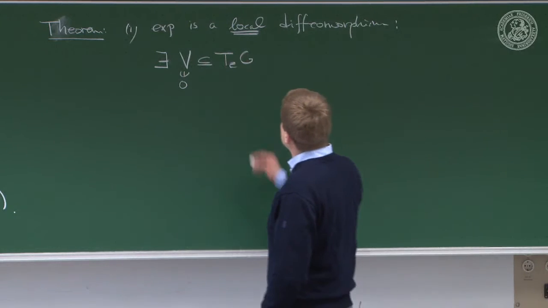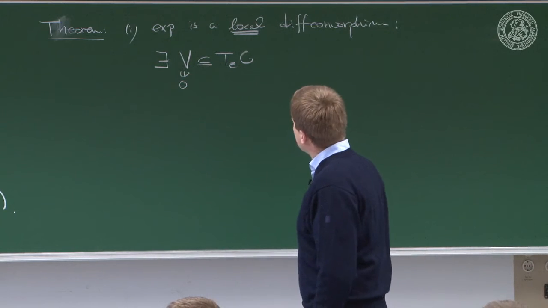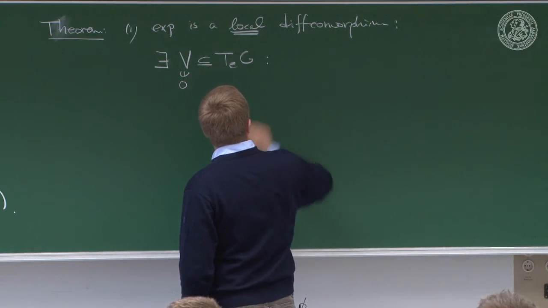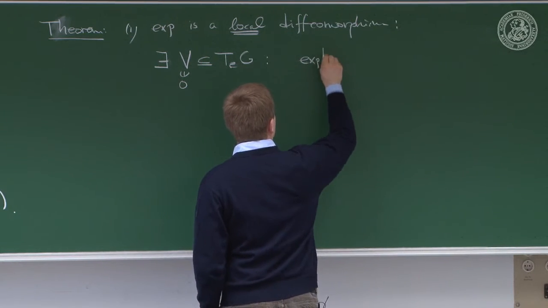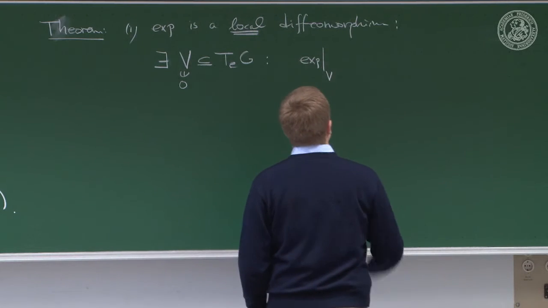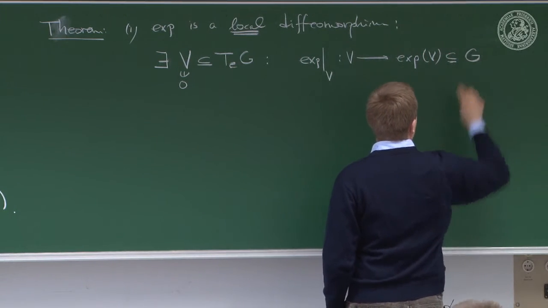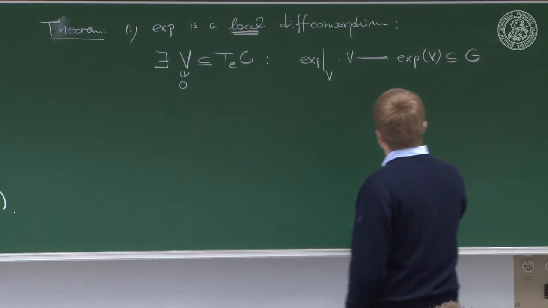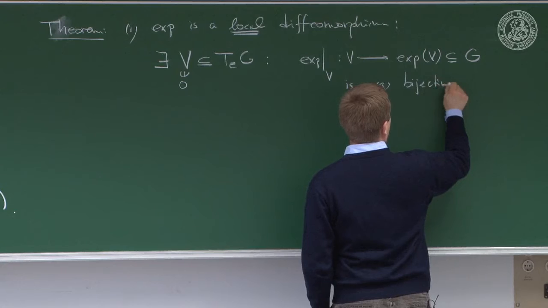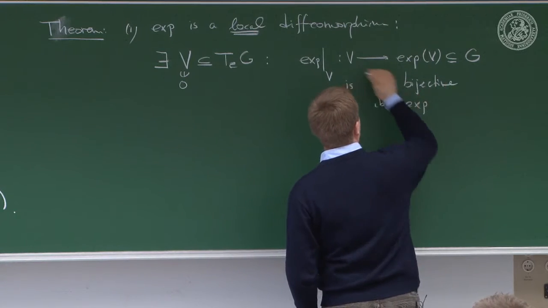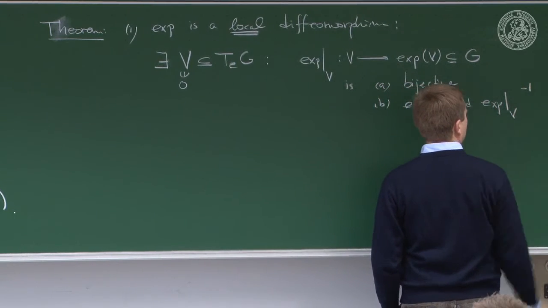Well, it won't, of course. It's just a subset in a neighborhood of the 0 vector there, such that if you consider the restriction of the exponential map, exp restricted to this subset V, therefore mapping from V to exp of V, which is then a subset of the group, is A, bijective, and B, exp restricted to V and exp restricted to V inverse are both smooth.